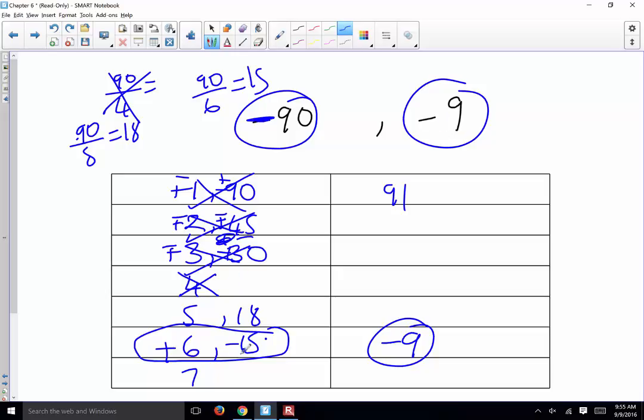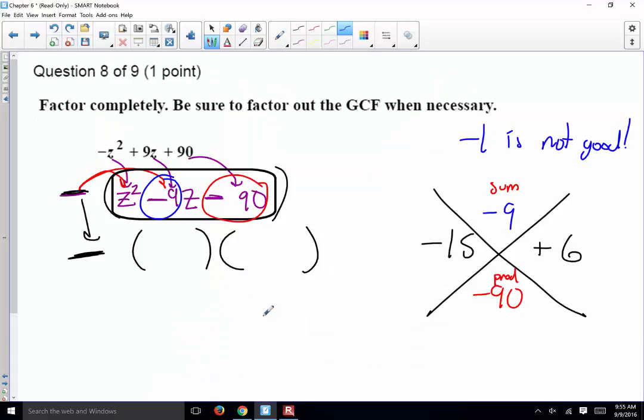So I know the two numbers should be close enough. 15 and 6. 5 and 18 is a good candidate as well. Okay? So check 5 and 18 as well. 6 and minus 15 is the right choice though. So minus 15 and positive 6 are the right pair.